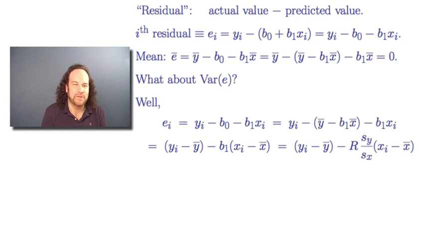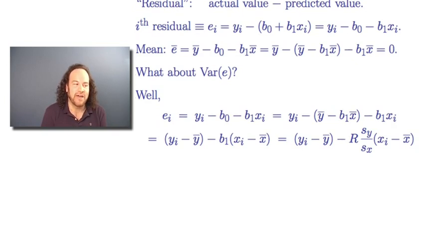Then let's substitute in what we know for our formula for b0, and let's rewrite that a bit, and we can write it as yi minus y bar minus b1 times xi minus x bar. But then we can rewrite that and say, well, b1, we have this formula now, which is this r, this correlation, times sy divided by sx. So now we've got a formula for ei.